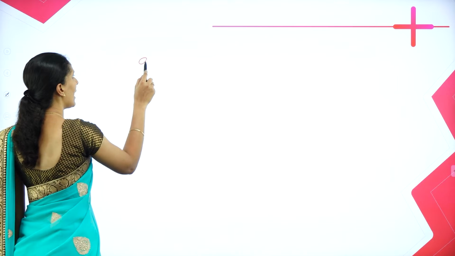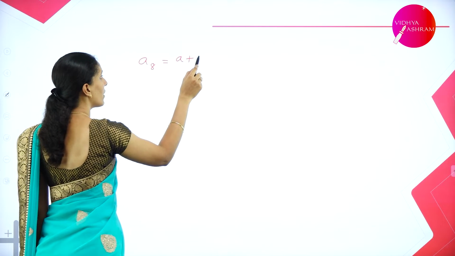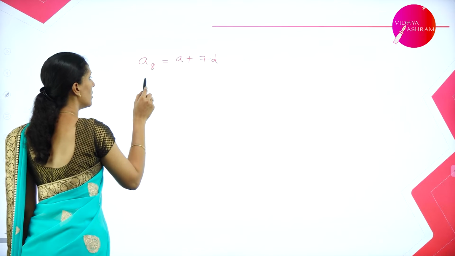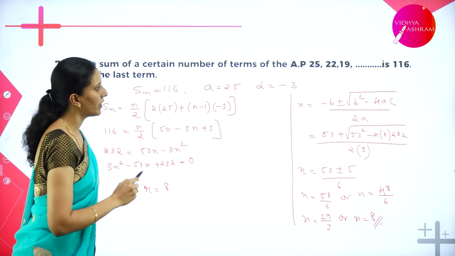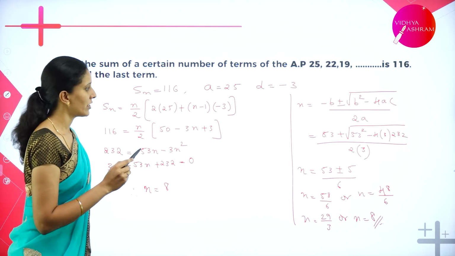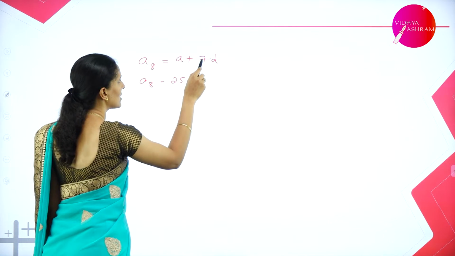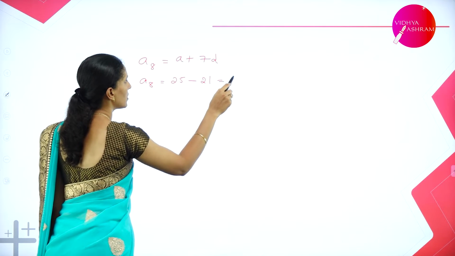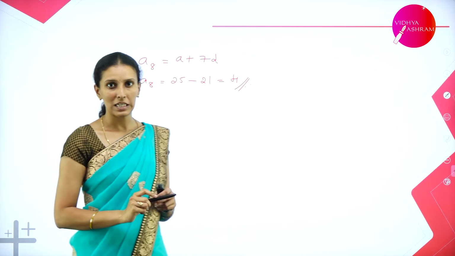So therefore a8 can be written as a plus (8 minus 1), which is 7, into d. So a8 is equal to, the first term is 25, the common difference is minus 3. So it is 25 minus 7 threes, which are 21, which is equal to 4. So this is the last term of the given sequence.